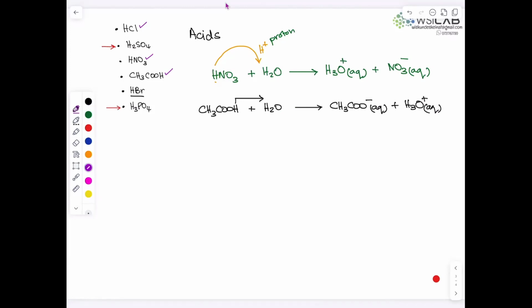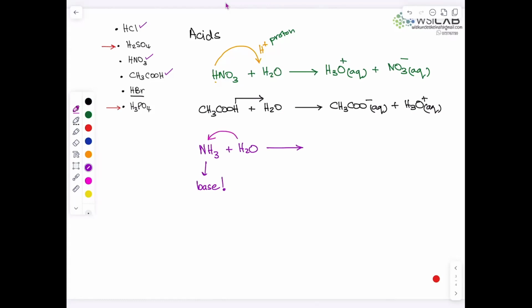Then, this is an important one. Ammonia is a base, but because there are no metals there, it also reacts with water, and it's called ionization. It's the only base that does that. Now, very important: you must learn this is a base. A base does not give hydrogen ions away. A base will receive hydrogen ions.